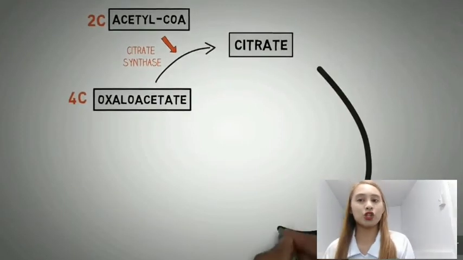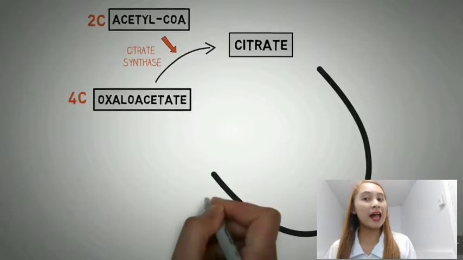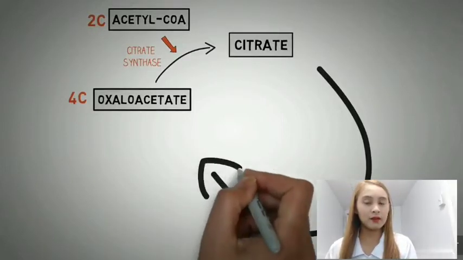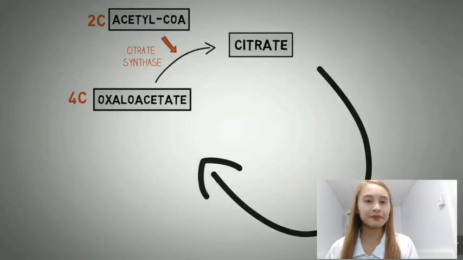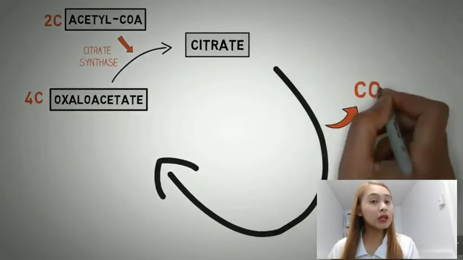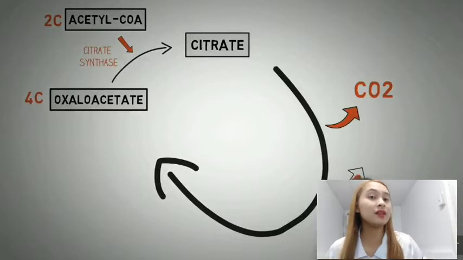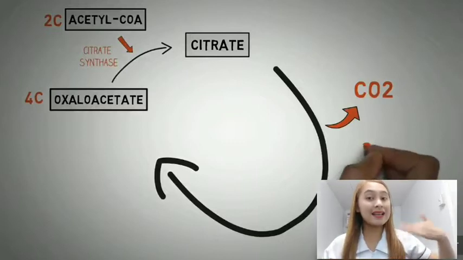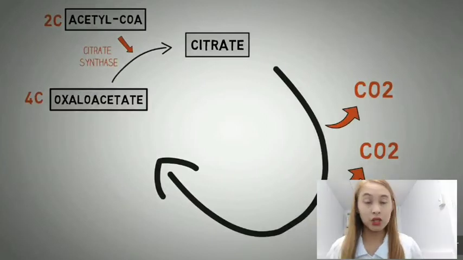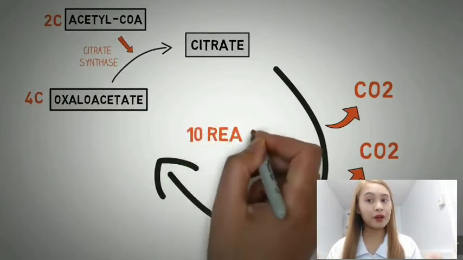So in this reaction, with the help of the citrate synthase, there are molecules of carbon dioxide that are lost as a waste product of this reaction in the first step of the Krebs cycle.